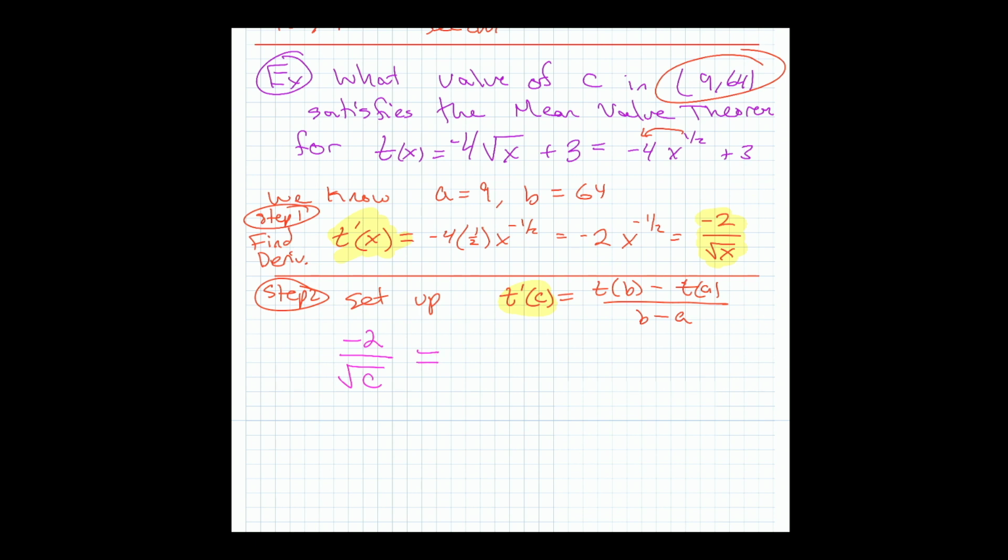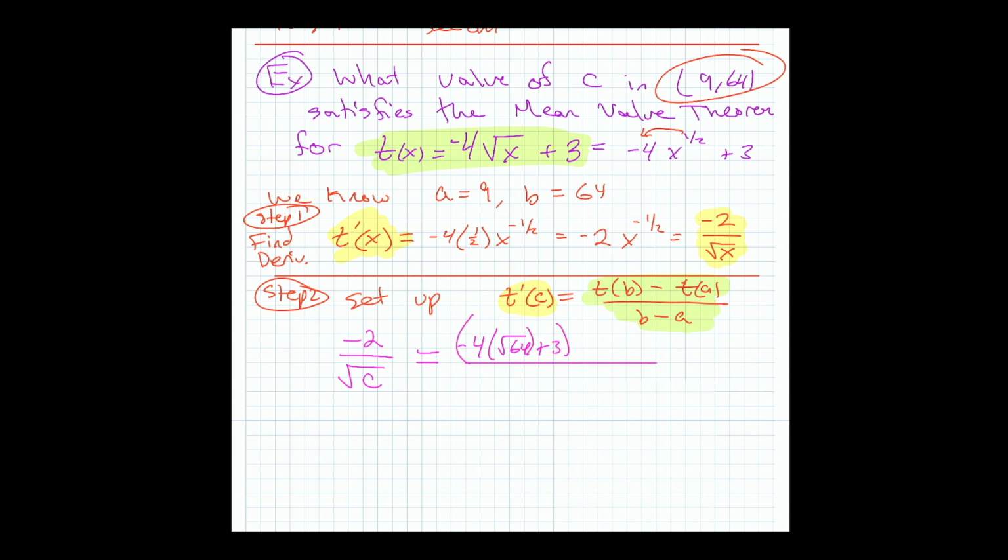On the other side of the equation, you have this thing. You need to write that out using this function, and you're going to have to plug in the 9 and the 64. So what that's going to look like is t of b, b is 64, so you have negative 4 square root 64 plus 3.